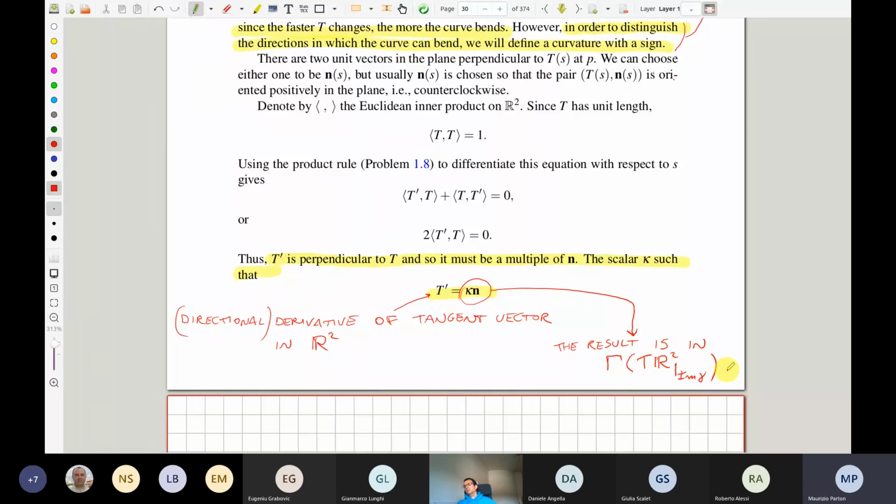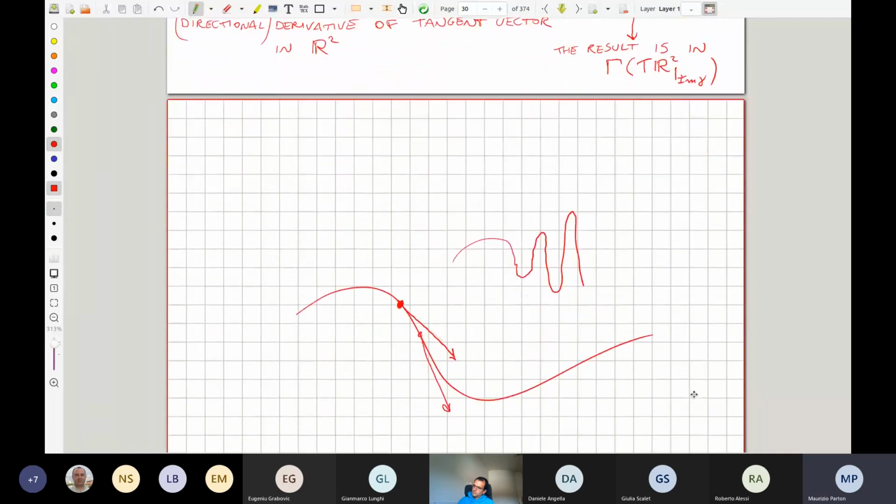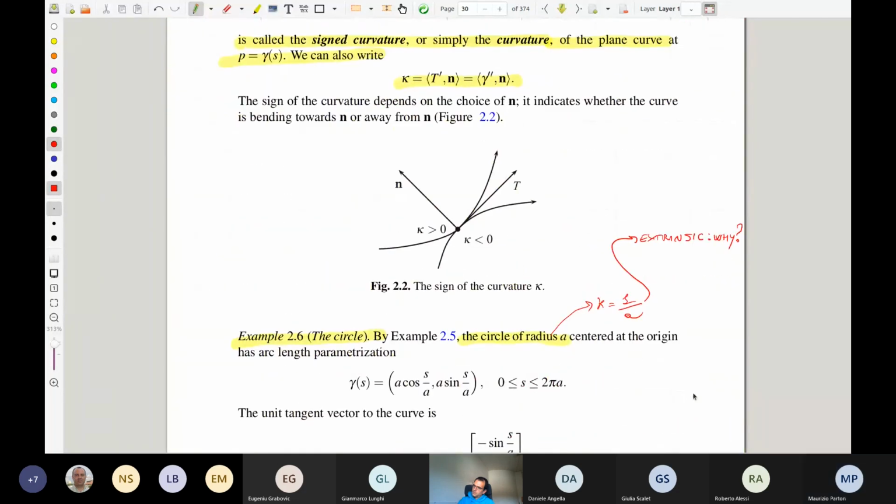So the curvature, in some sense, is something taking values in a bundle. This is a vector bundle. I used the word bundle in the first part of the lecture. This is the tangent bundle to R^2 restricted to the curve, so it is a vector bundle on the curve. Just let you notice that.